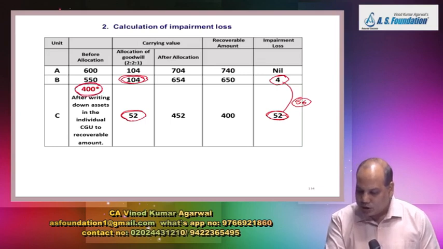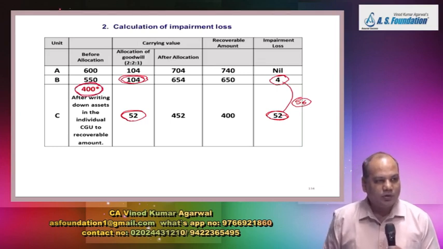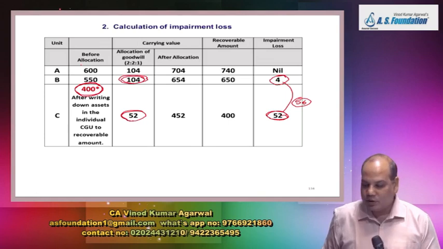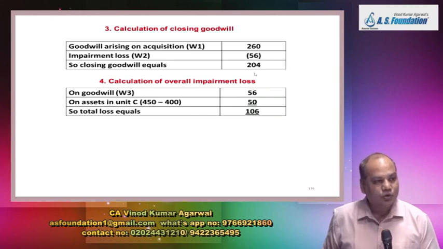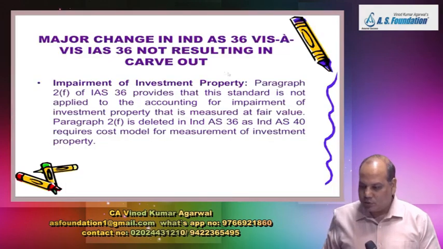And towards the asset would be 50. 450 minus 400. So the next question was, what is the total impairment loss? The total impairment loss will be on goodwill 56, on asset 50, total 106. Carrying amount of goodwill after impairment loss 260 minus 56, 204. Okay. And then there is one more question.